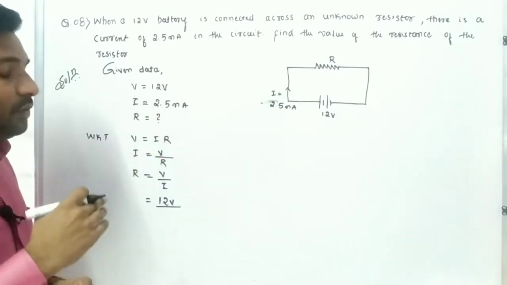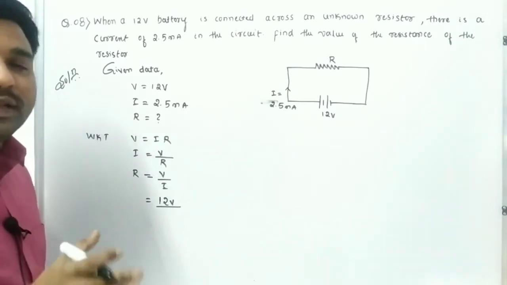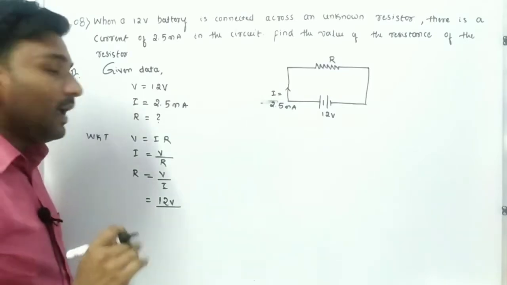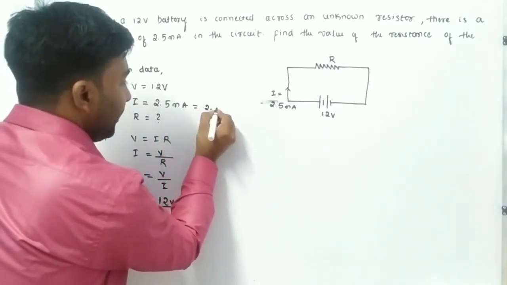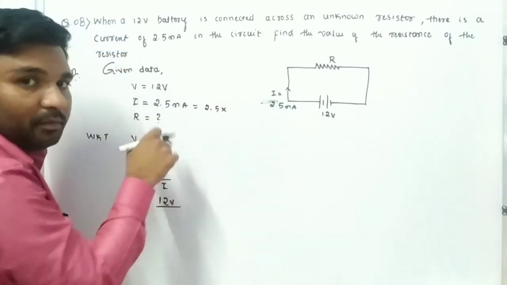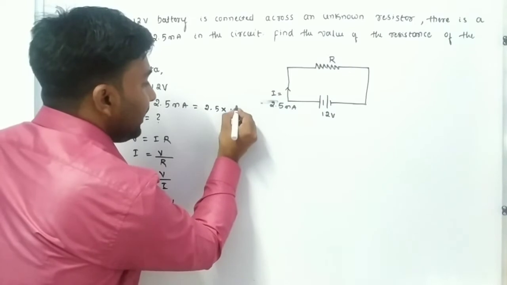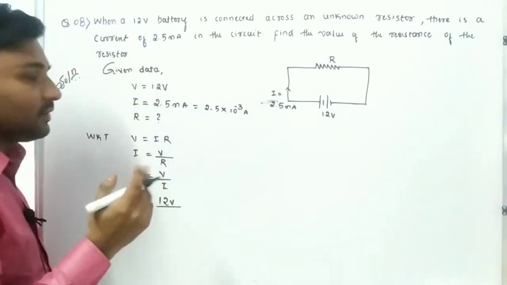Here we need to convert the 2.5 milliampere into ampere, because the SI unit for the current is ampere. How to convert this? 2.5 milliampere means 10 raised to minus 3 ampere. Milli means 10 raised to minus 3.